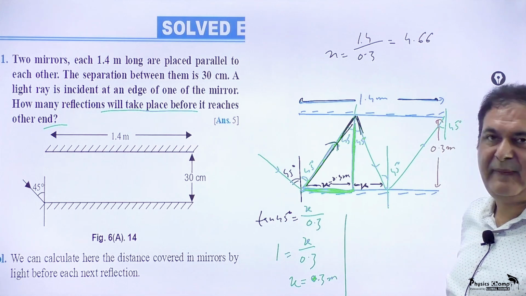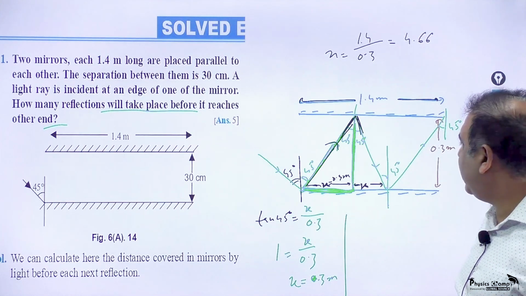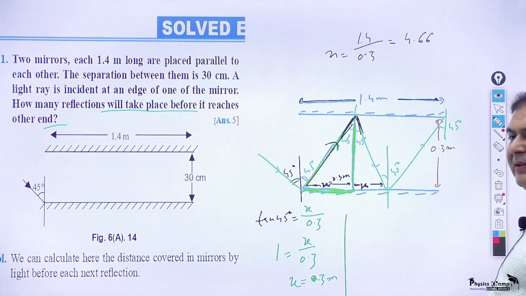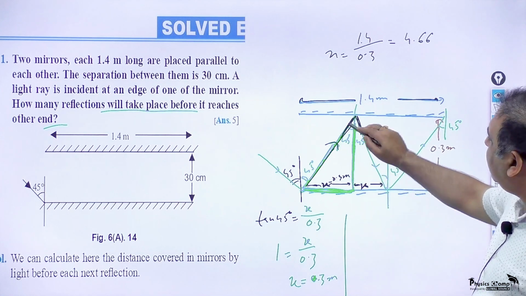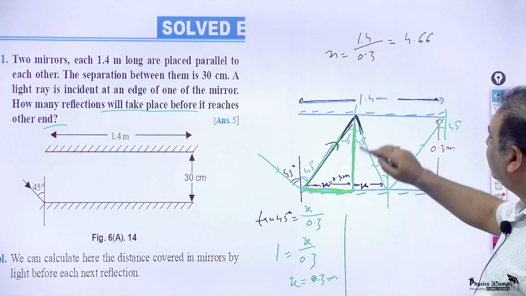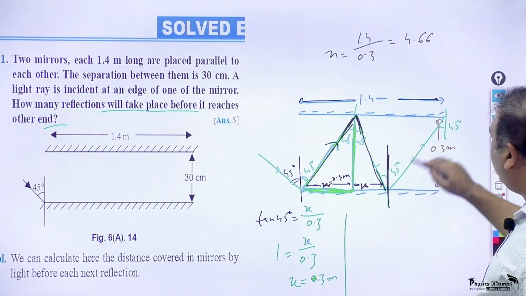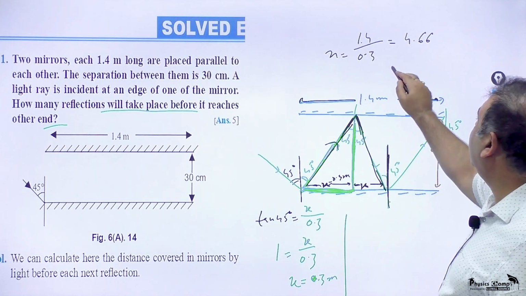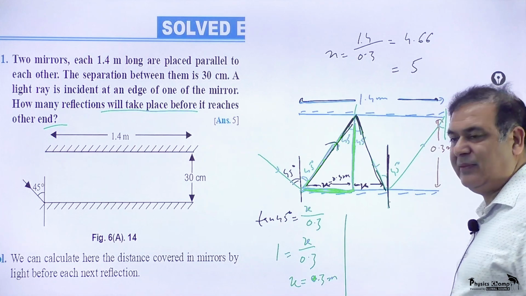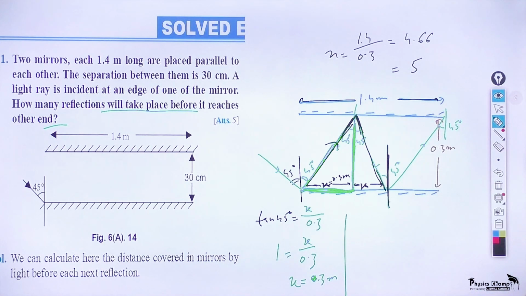How many reflections? Once we say 4.66, if I treat this as one reflection, then this as second reflection, should I take it as 5 reflections, because it is more than 4.5.